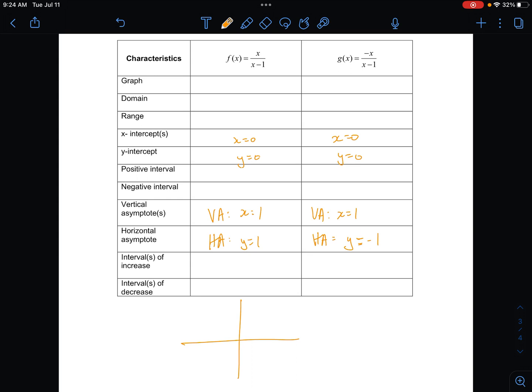It's just the nice thing when you're looking at these graphs, well, here's positive 1, here's positive 1, here's positive 1, here's negative 1. And because it goes through 0, 0, this is what this part looks like for this graph, whereas this one, because it goes through 0, 0, is going to look like this.